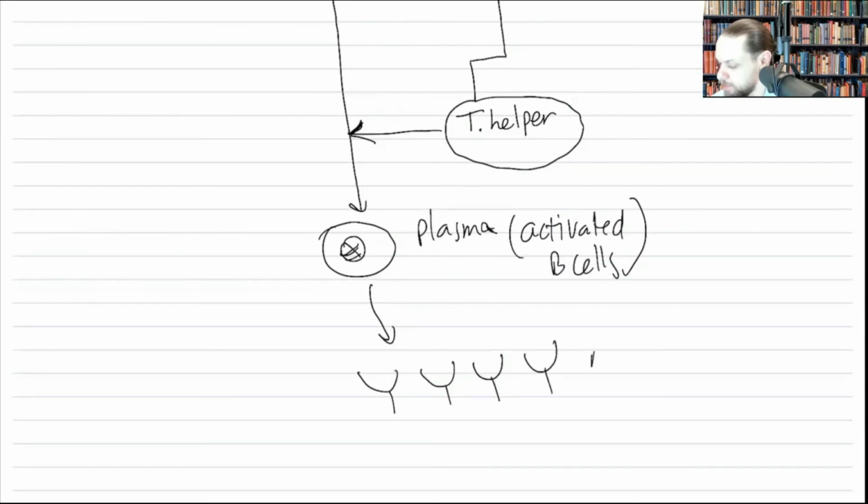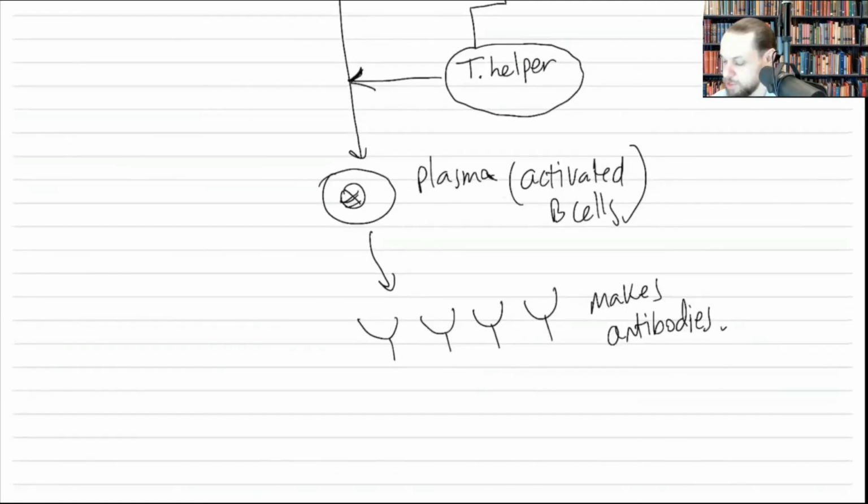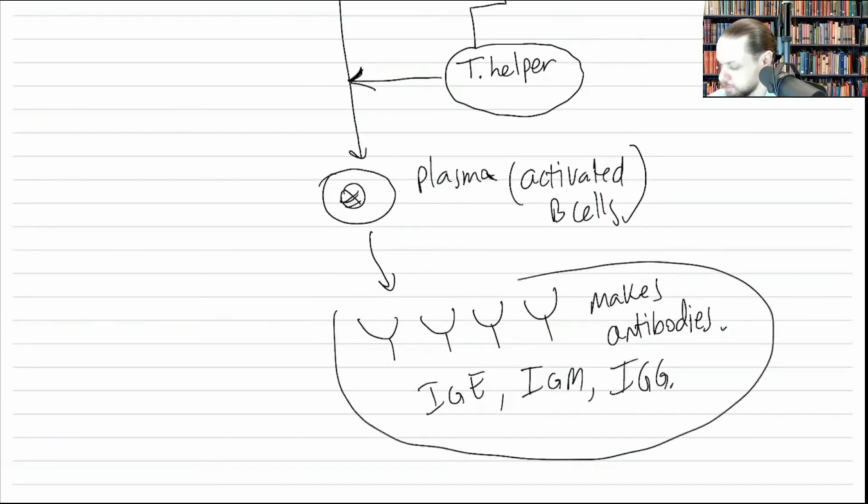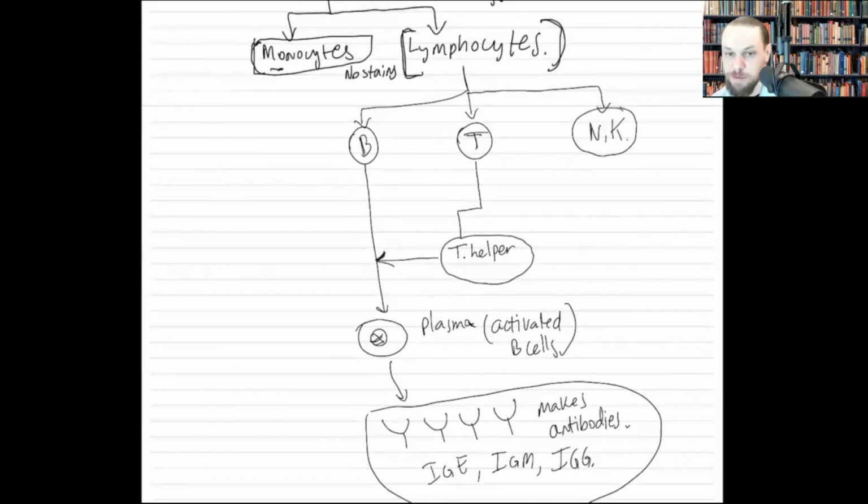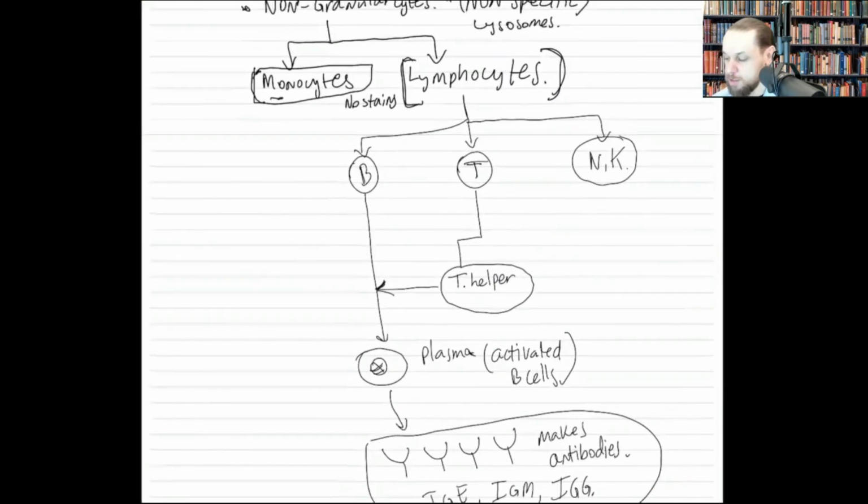So make antibodies, and antibodies could be IgE, IgM, IgG, and so forth. So the whole distinction of lymphocytes is that the major ones are the B cells, the T cells, and the natural killer cells.